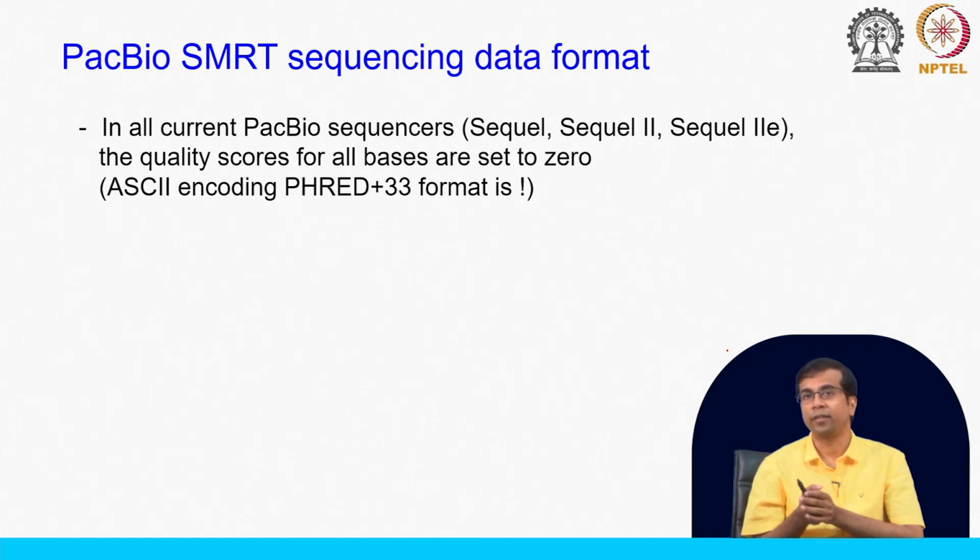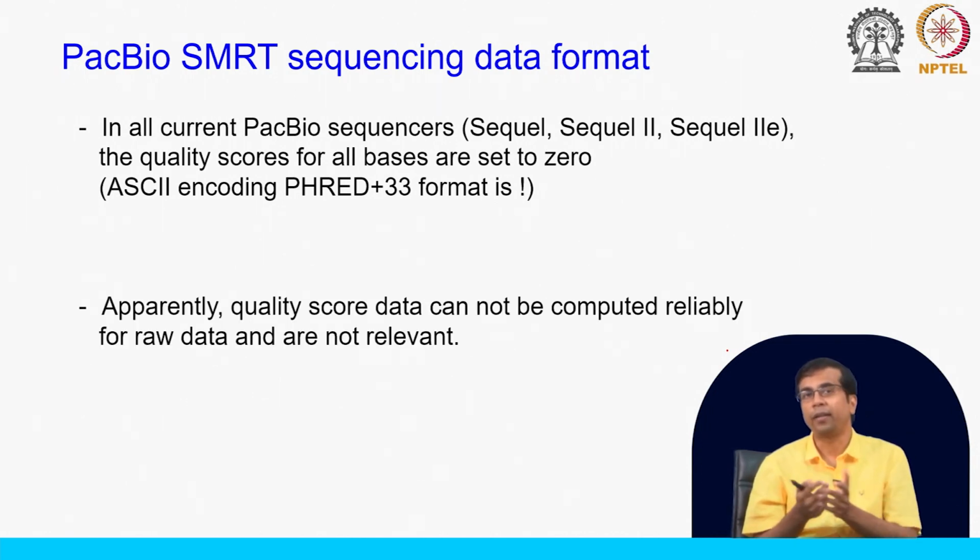So, if you download the data and look at the quality score of all bases, it will be given as an exclamation mark. Apparently, quality score data cannot be computed reliably for raw data from SMRT, and it is not relevant. What PacBio has been suggesting is that it is actually better to look at the sequencing data itself rather than the quality score.